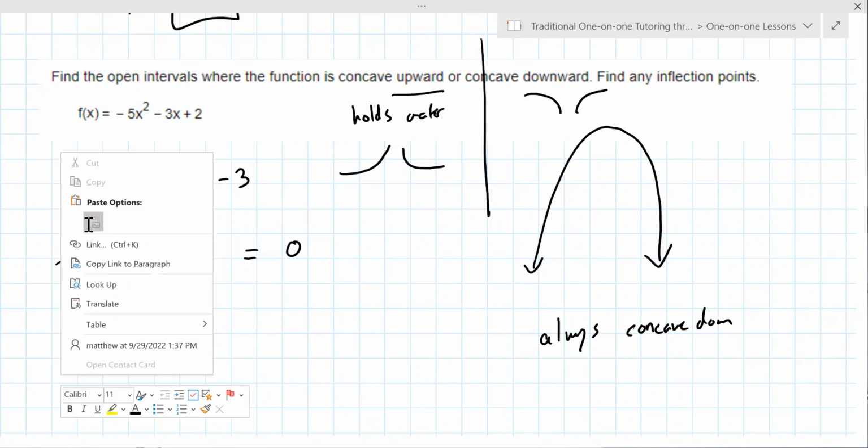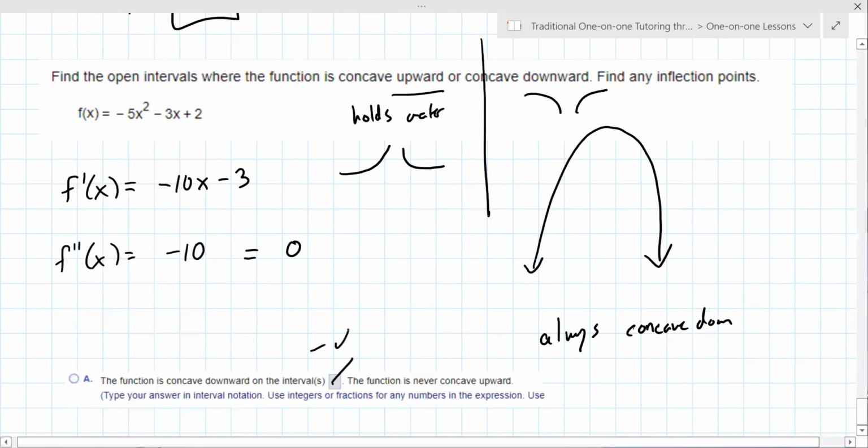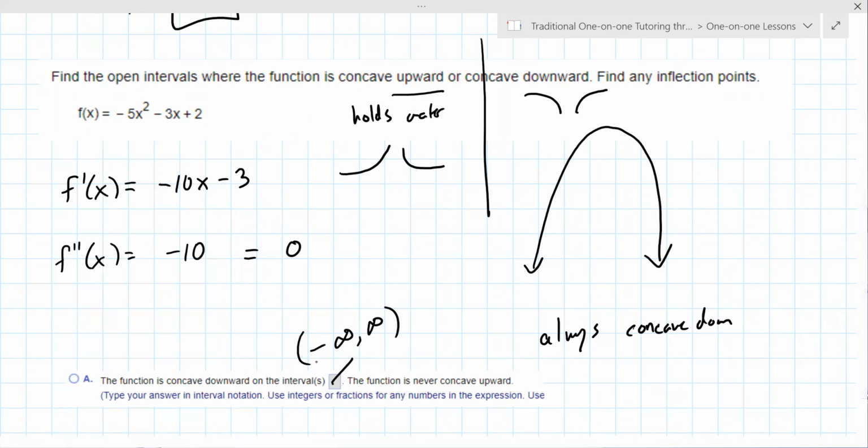So it's that letter A, and this is minus infinity to infinity. And you knew that because looking at the function, it's a parabola, as opposed to the 2 little ones you drew above that. The parabola does not have an inflection point because it's always concave down.